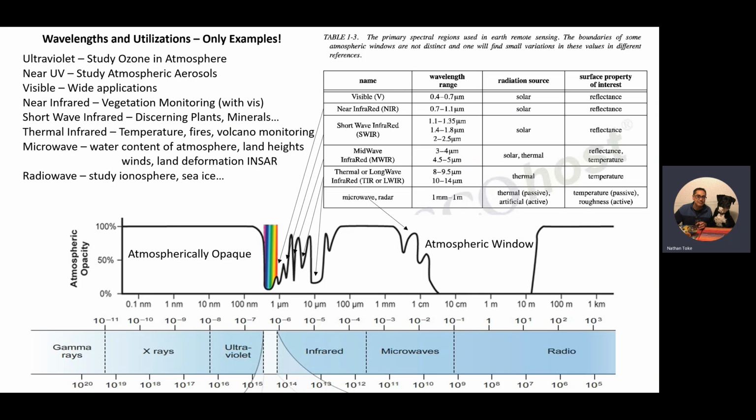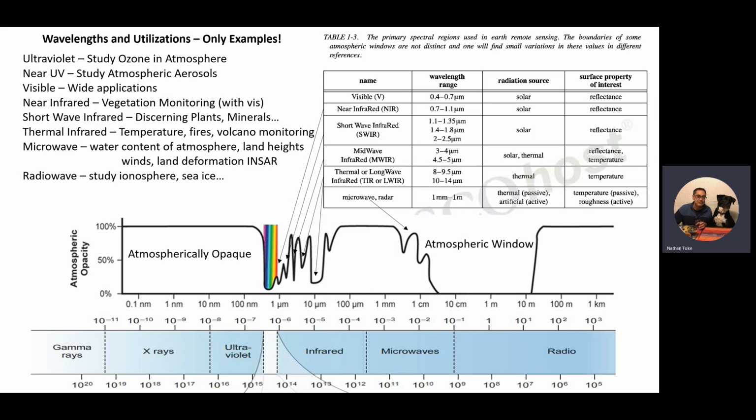Near UV, basically between visible and ultraviolet, or on that boundary, is used to study atmospheric aerosols. The visible light has many applications, often things like spying on the surface of the Earth, so spy satellites, or just visible observations.